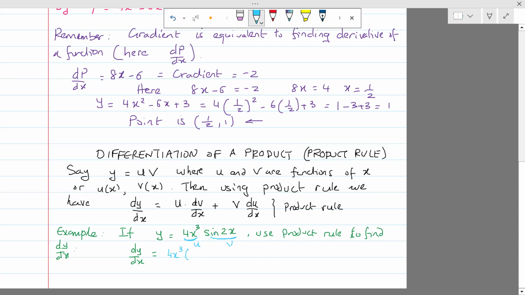This differentiation, sine of 2x, I take the 2 in the front, this becomes cos of 2x, plus v, which is the sine of 2x, and du by dx. I now differentiate this. This becomes 3 brings here 12x squared.